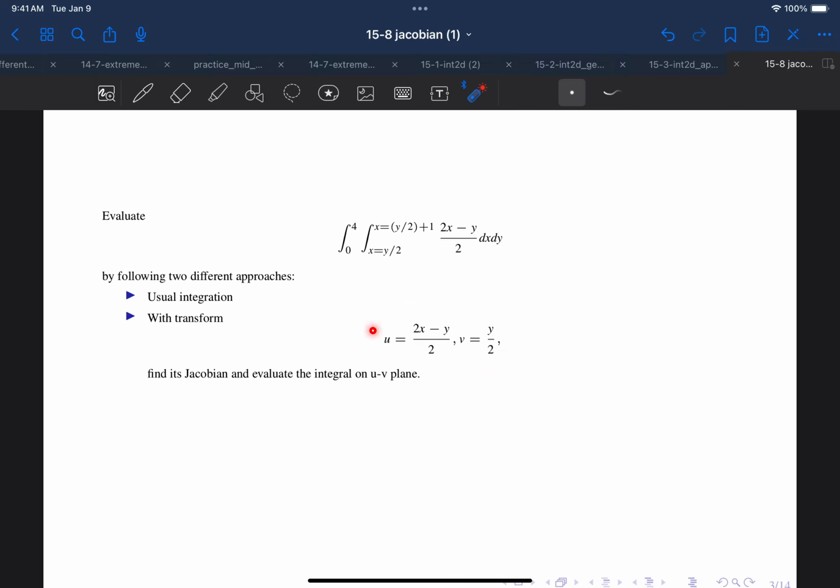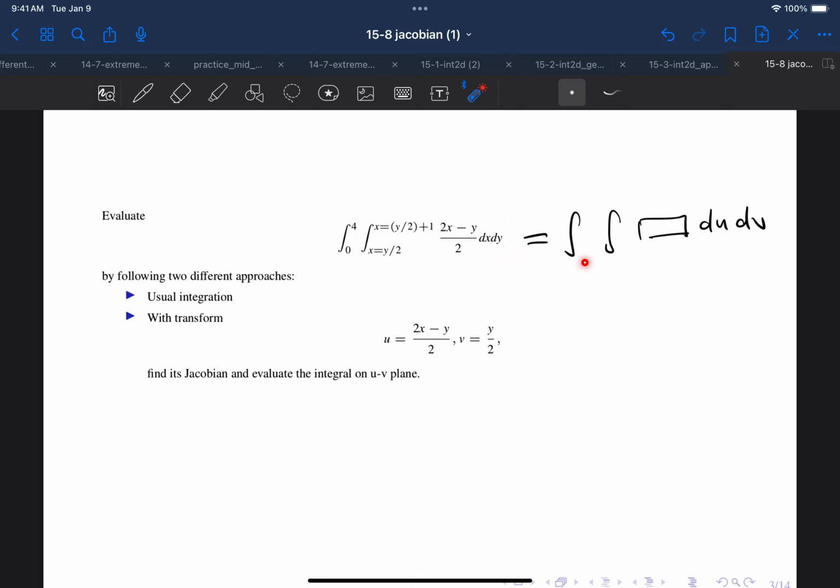Using this substitution, we're going to transform the double integral problem over dx dy into a du dv problem. After transformation, we're going to have something like this, and something like this, and du dv. In principle, if you have a good substitution, this should be easier to calculate than the first one.